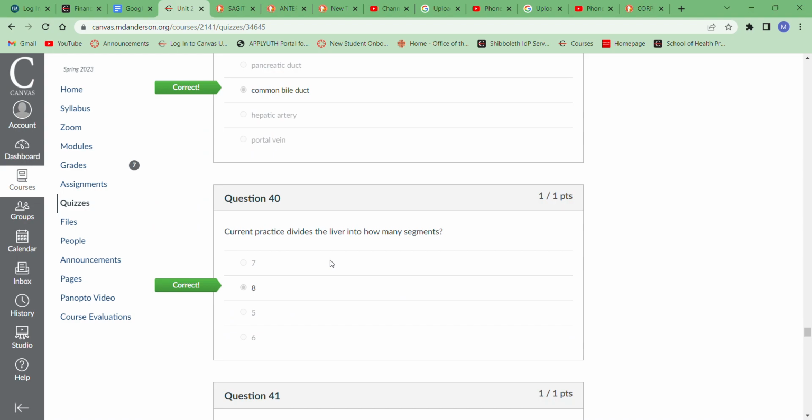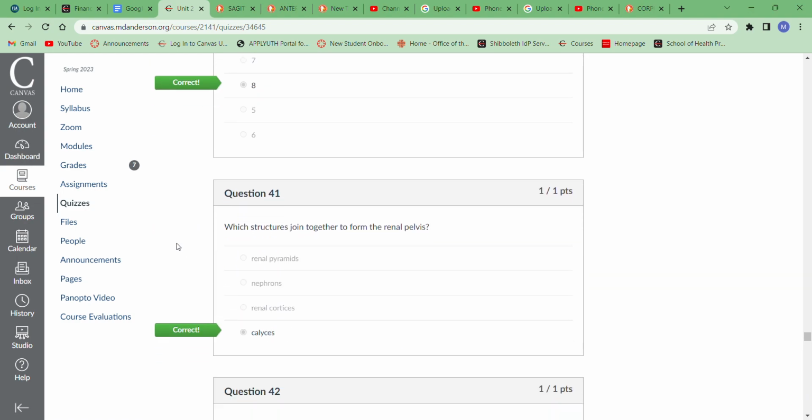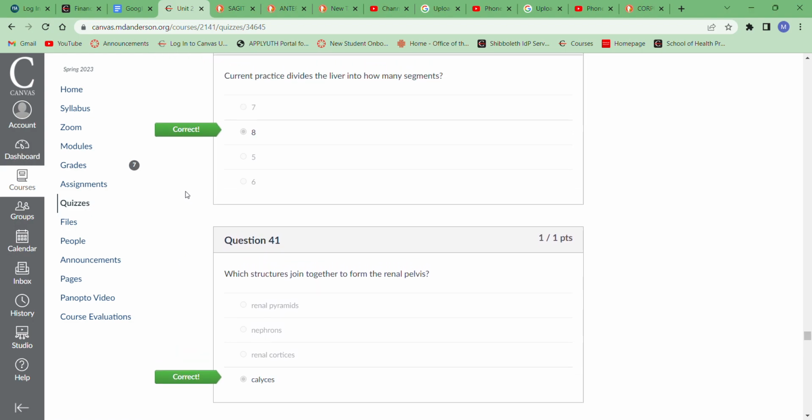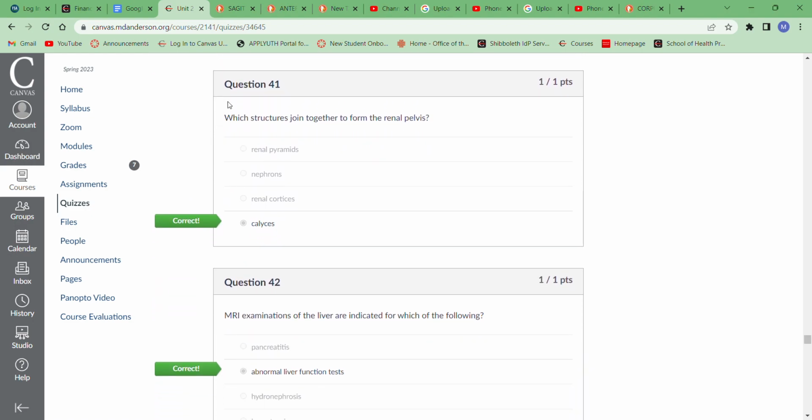Current practice divides the liver into how many segments? 8. And they're kind of confusing if you look at them, to be honest. Which structure joins together to form the renal pelvis? The calyces.